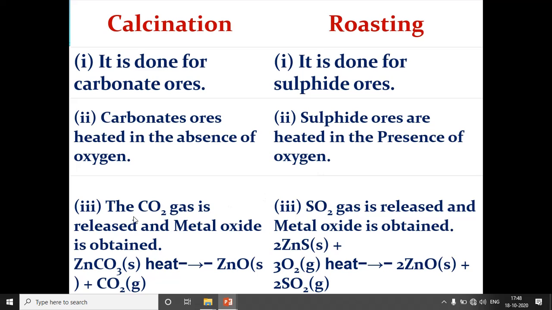In the calcination process, carbon dioxide gas is released and metal oxide is obtained. Here you can see an example also. And in the roasting process, sulfur dioxide gas is released and metal oxide is also obtained. So these are the three differences between calcination and roasting process.